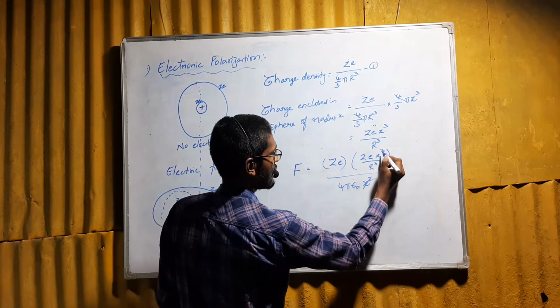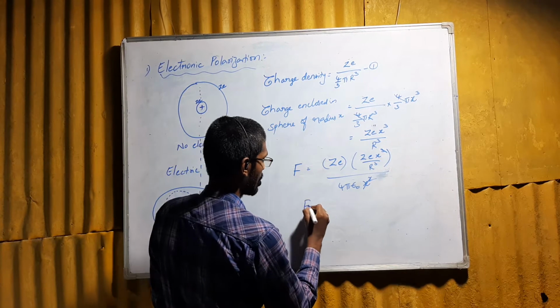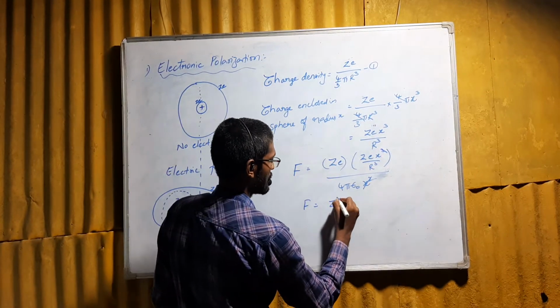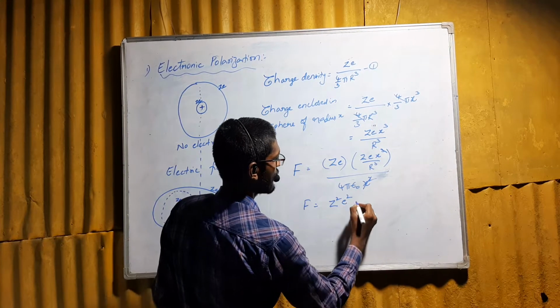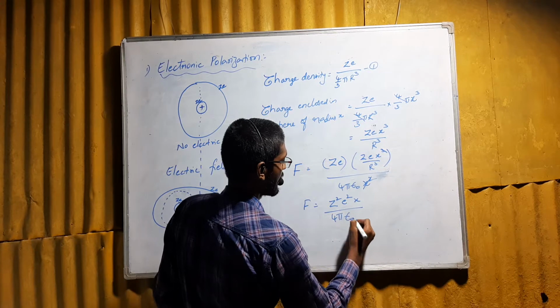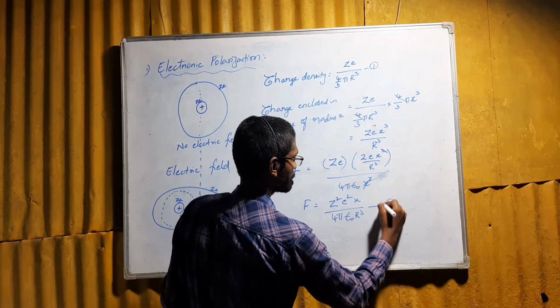So x cube and x square will cancel each other. Therefore, the force acting on the nucleus due to the electron cloud can be given as Z square e square x by 4 pi epsilon naught r cube. Name this as equation number 2.